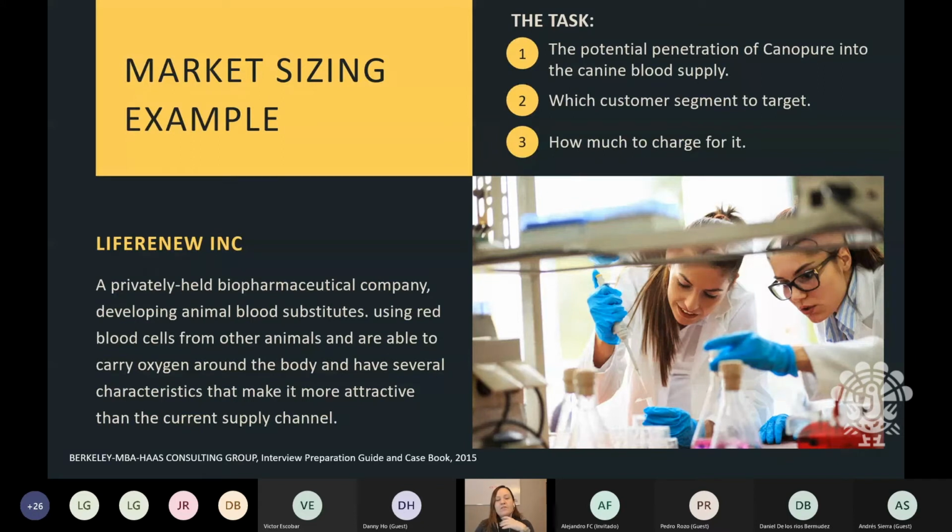All right. I'm going to do a quick market sizing example. Raise your hand and tell me, have you done a market sizing before? Or is this something new for you?